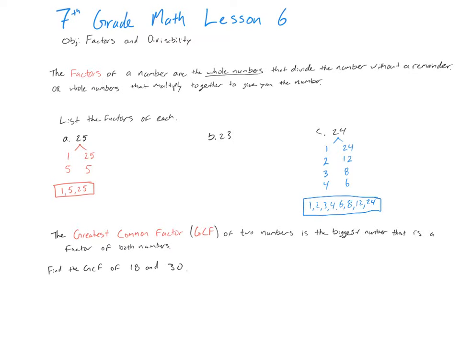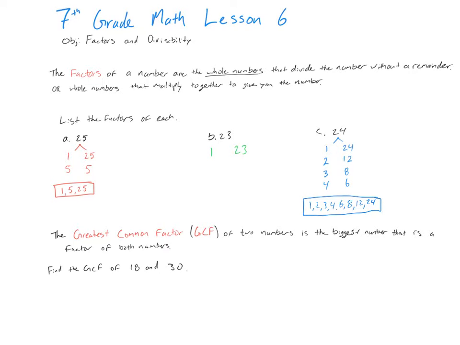Okay? 23, we can kind of start off with the simple ones. I know that 1 and 23 will multiply to give me 23. Well, whenever I'm thinking about 2, that won't work. If I divide by 3, it gives me a remainder. 4 gives a remainder. 5 gives a remainder. 6, 7, 8, 9, 10, 11.